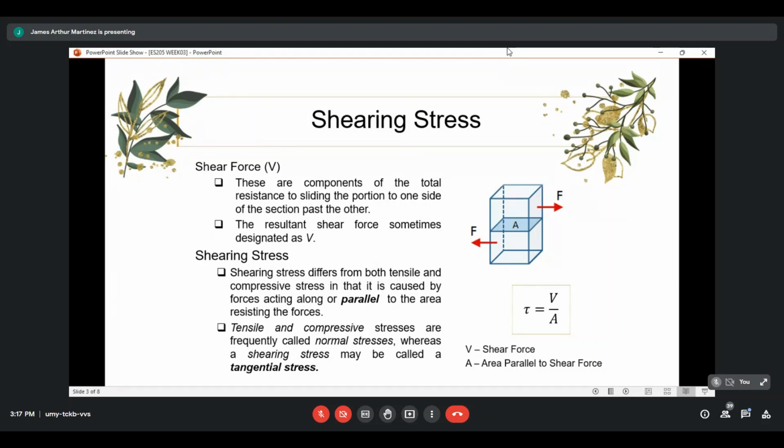So whereas a shearing stress may be called a tangential stress. There are other books or problems nga mag-state na find or determine the tangential stress. So ang ipasabot niana is ang shearing stress. So another name for shear stress is tangential stress.